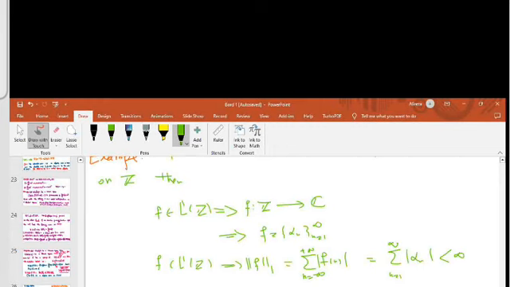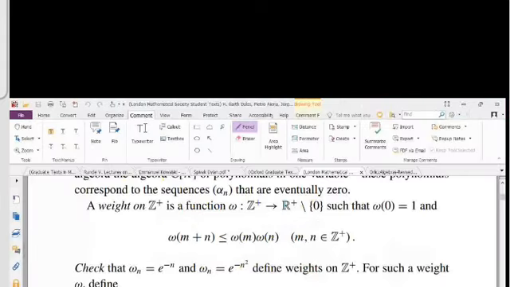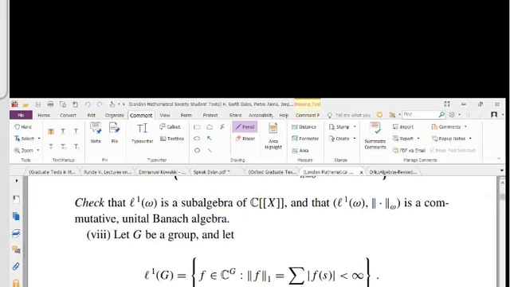In the weighted case, we consider the set of all sequences such that this summation is finite. This is the Banach function space too. And as another particular case, L1 of G is another example.